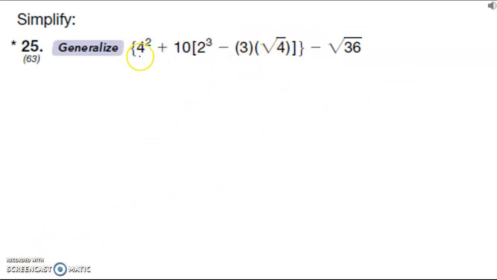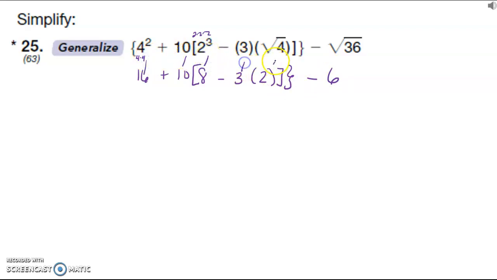Okay, so let's see. This is going to be 4 times 4, which is 16. Plus 10. This is 2 times 2 times 2, which is 8. Minus 3 times, this is 2. This, minus 6. Okay, so you can see where everything comes from. Okay, 16 plus 10, 8 minus, I'm going to go ahead and multiply this, minus 6.